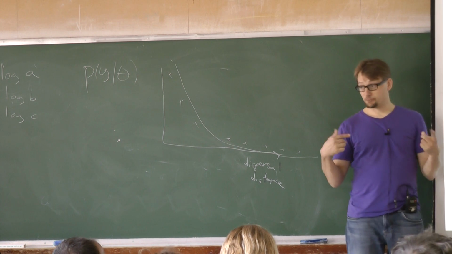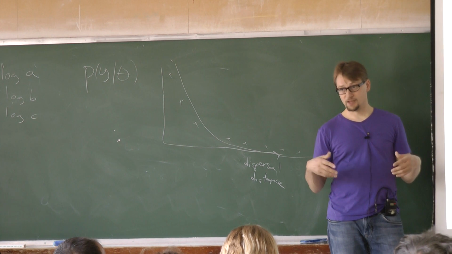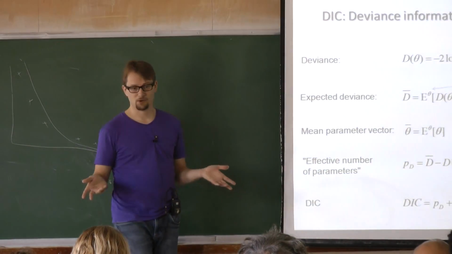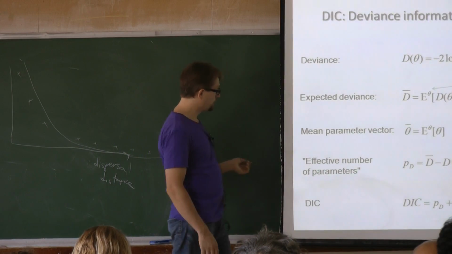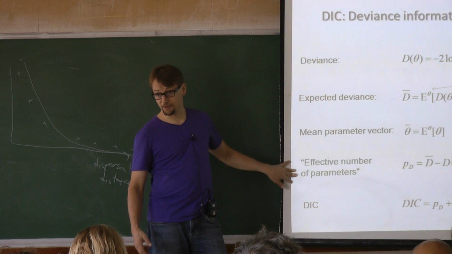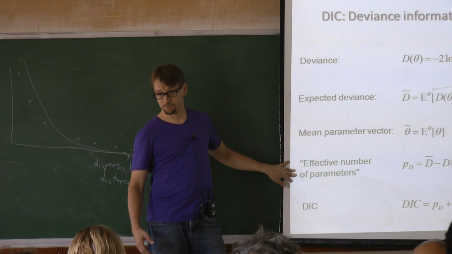Then you take the difference between these two, and for, let's say, a magical reason that we don't need to go too deep into now, this gives you what's called the effective number of parameters of your model.